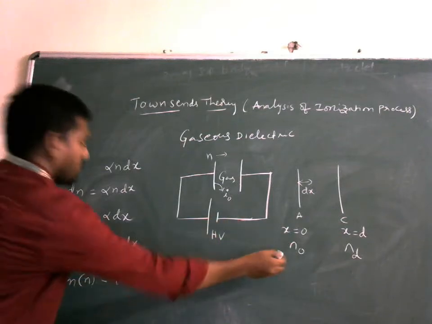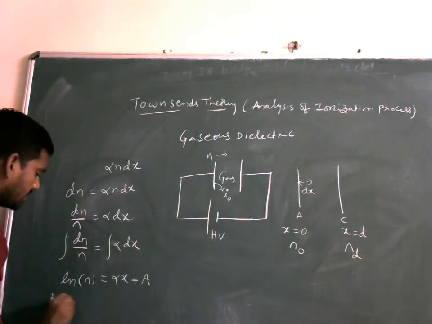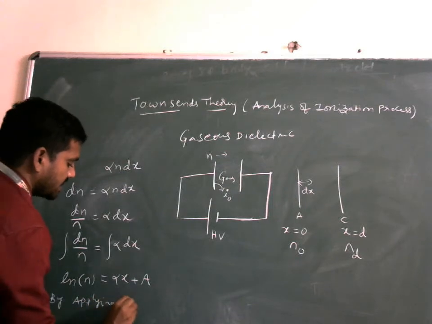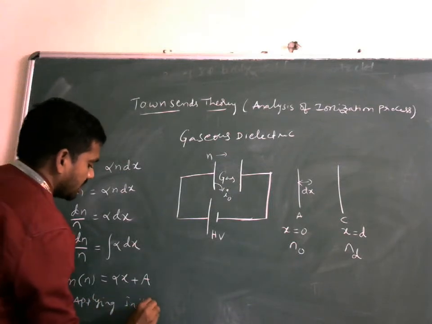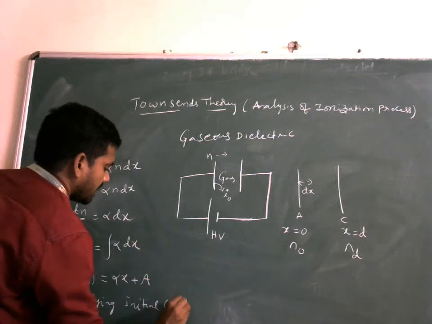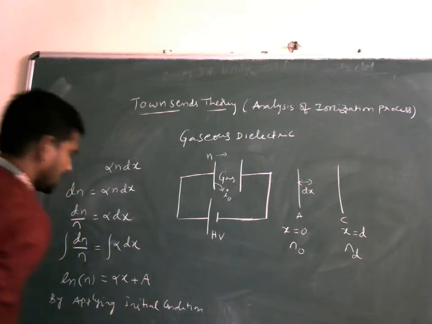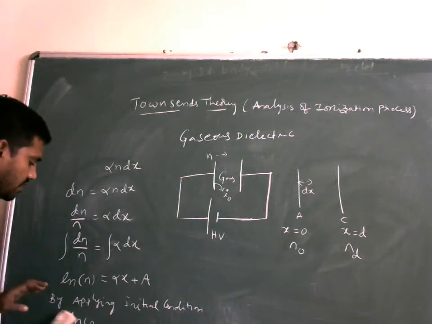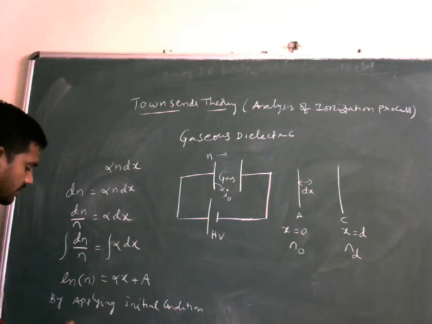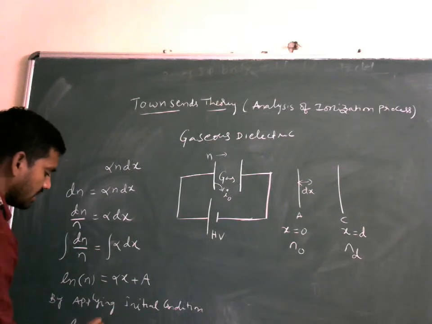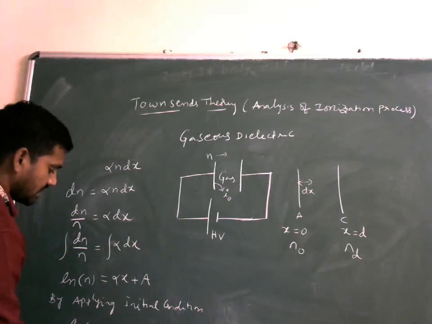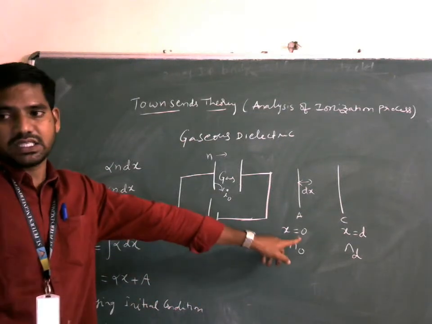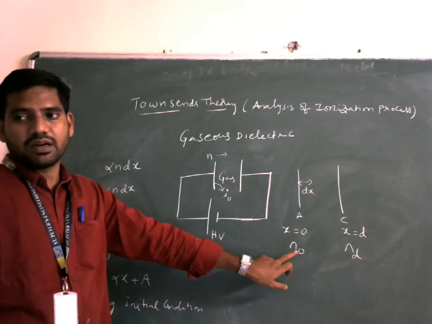By applying the initial condition at x is equal to 0, n naught electrons are there.